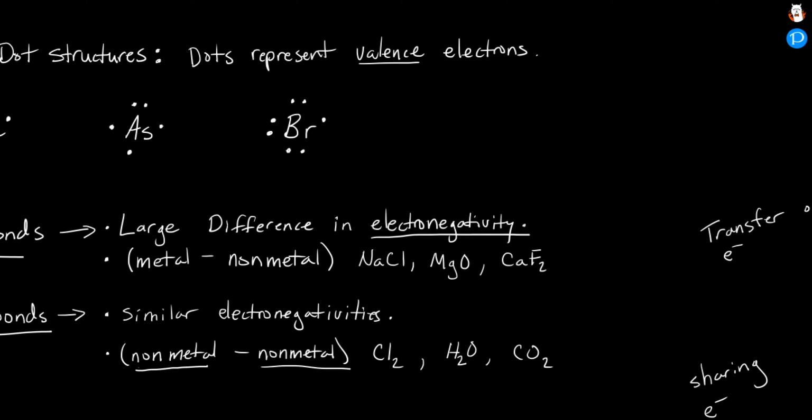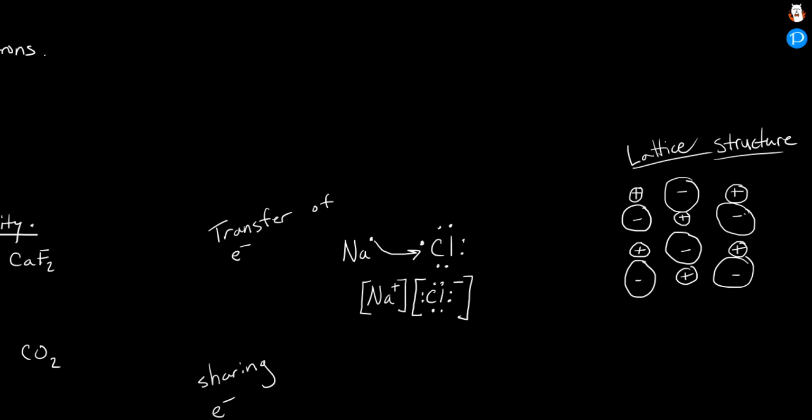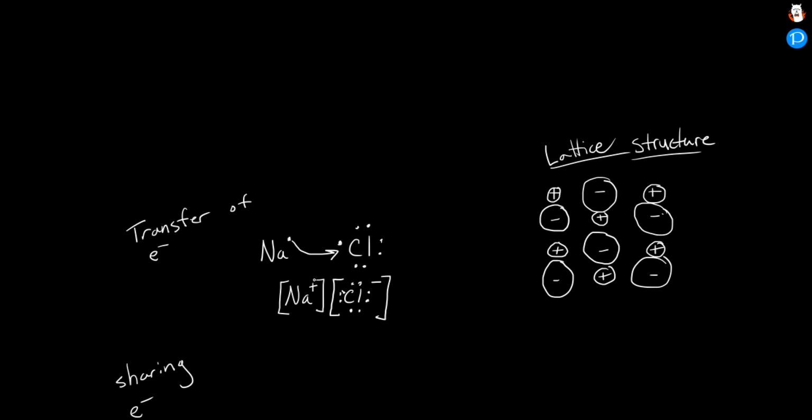So if we think about this, for the ionic bonds, again, because there's such a large difference in those electronegativities, chlorine is so much stronger than sodium, it's going to steal that electron, or there's a transfer of that electron. And since sodium can be thought of as losing that electron, it's now going to have an overall positive charge.